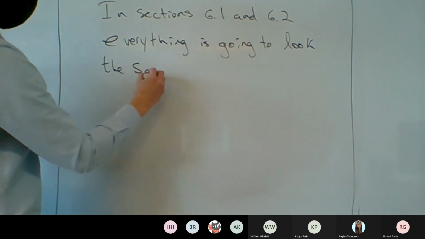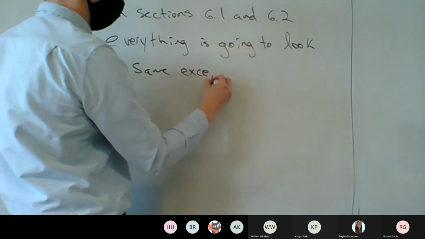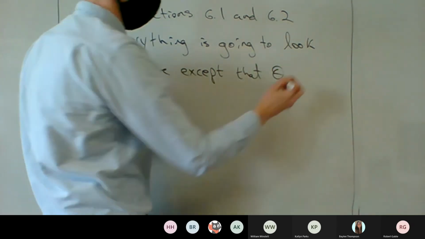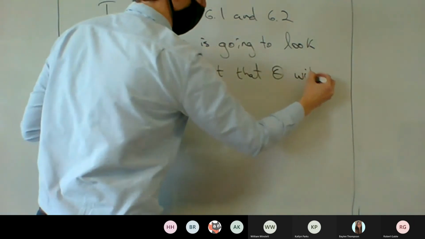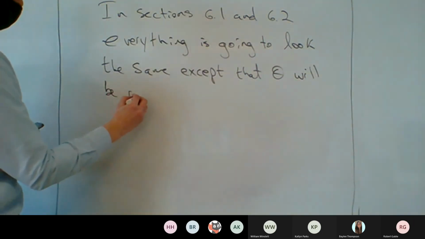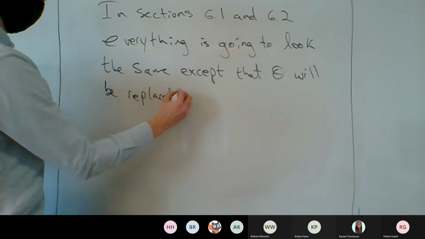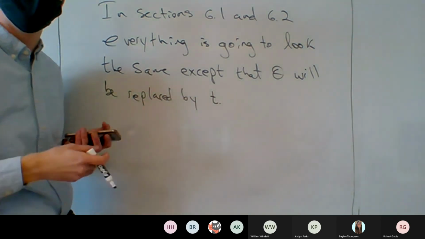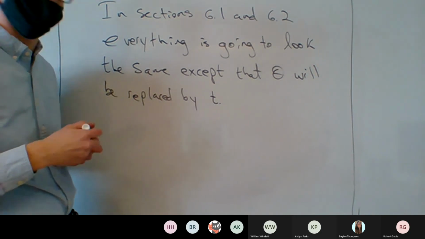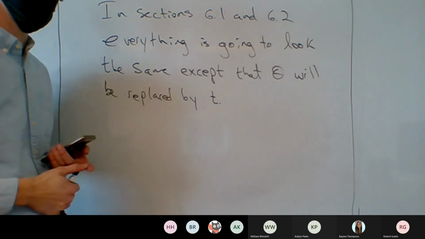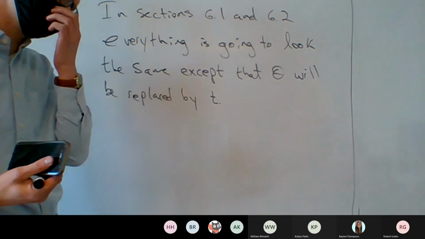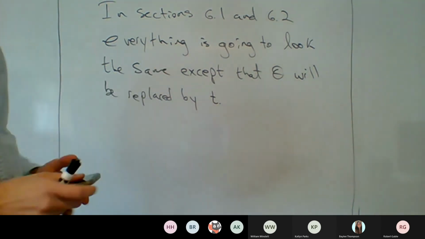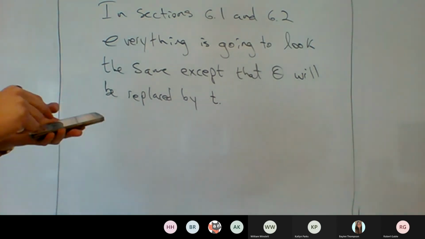Everything is going to look the same, except that theta, which is an angle, will be replaced by a real number, t. Typically you would use x for the input of your function to represent just a generic real number, but we're not going to use x because of the way we're going to graph these things. We're going to want to talk about x. It's going to be better to use just some other variable here, so we're going to use t.